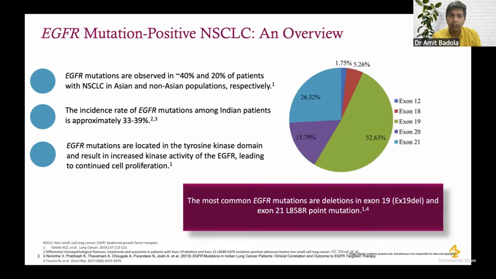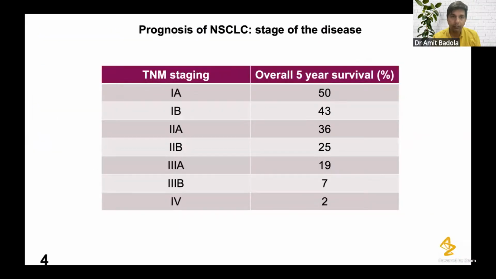In EGFR, the most common ones are exon 19 deletion and exon 21 L858R, which make up around 90% of EGFR mutations. Other rare mutations include exon 18 and exon 20 insertion.